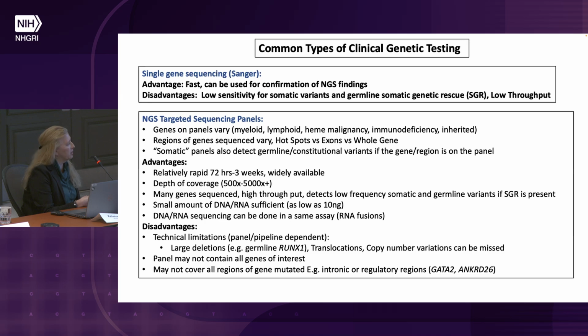Now there are a lot of panels where we can sequence both DNA and RNA in the same assay. Disadvantages are technical limitations due to either the panel or pipeline dependent. Often large deletions, translocations, or copy number variations can be missed. And then important regions of genes may not be included, such as intronic or regulatory regions that are critical.